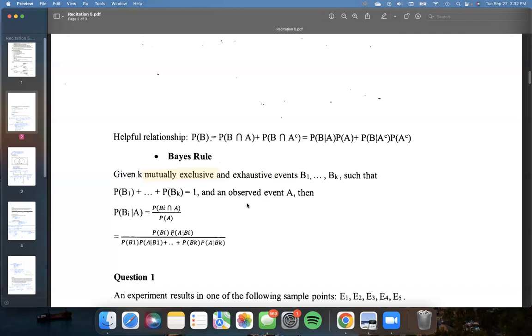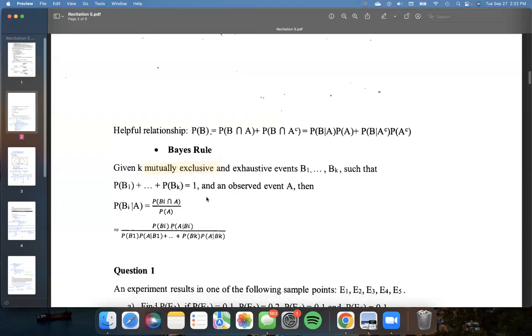If you notice, this unpacking of the probabilities that we discussed earlier is used in Bayes' rule. And the key for Bayes' rule is that we need to be given K mutually exclusive and exhaustive events, B1 through BK. So it's important that we have mutually exclusive events.